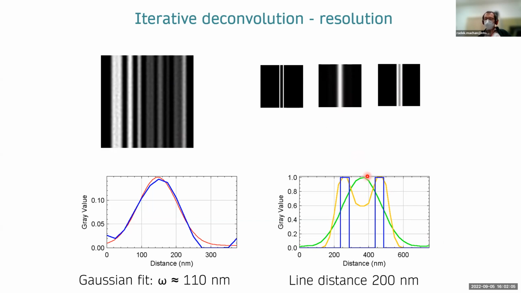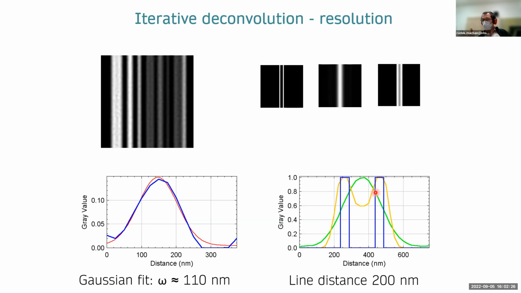You can ask from an information theory perspective, because increasing resolution means increasing the information content in the image, where does the information come from? A simple answer would be that in deconvolution we use the knowledge of the point spread function.